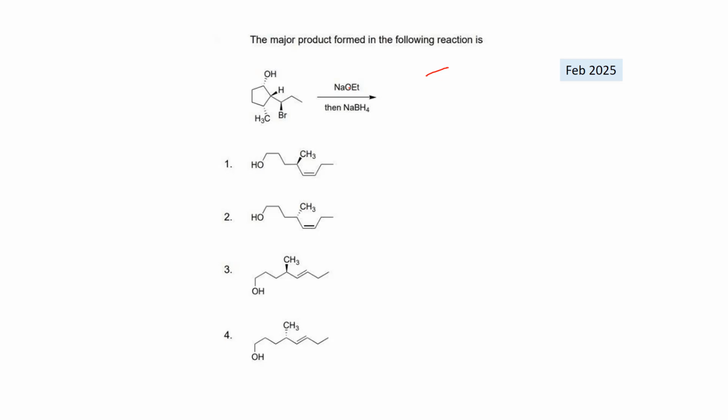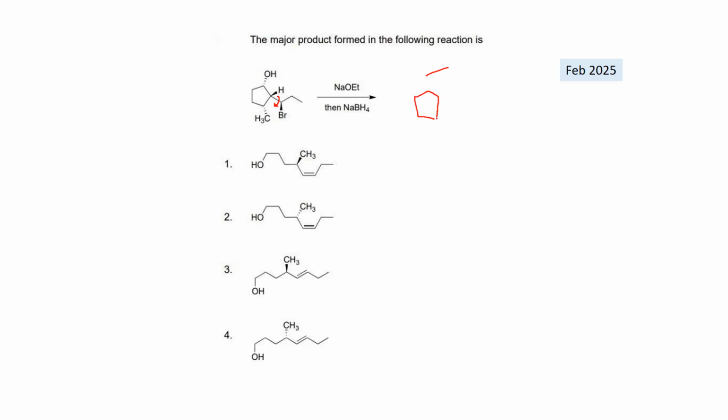So in presence of NaOH, base, this can undergo an elimination reaction. Whenever there is an E2 reaction, there should be an anti-elimination. So this H and Br should be in opposite planes. As this is a single bond, bond rotation is possible here.